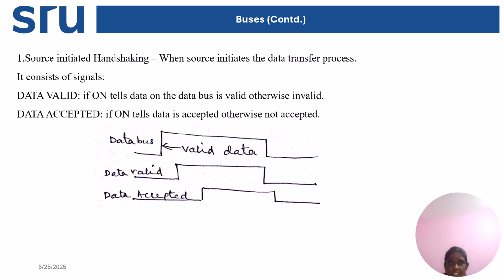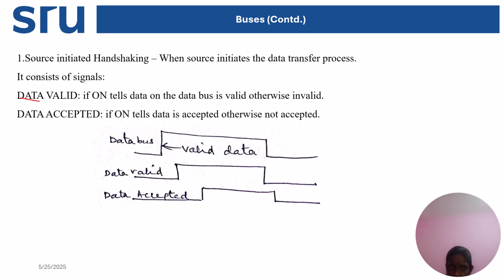In the first case, when the source initiates the data transfer, it consists of a data valid signal and a data accepted signal. What is the data valid signal? If it is on, it tells that the data on the data bus is valid, otherwise invalid.